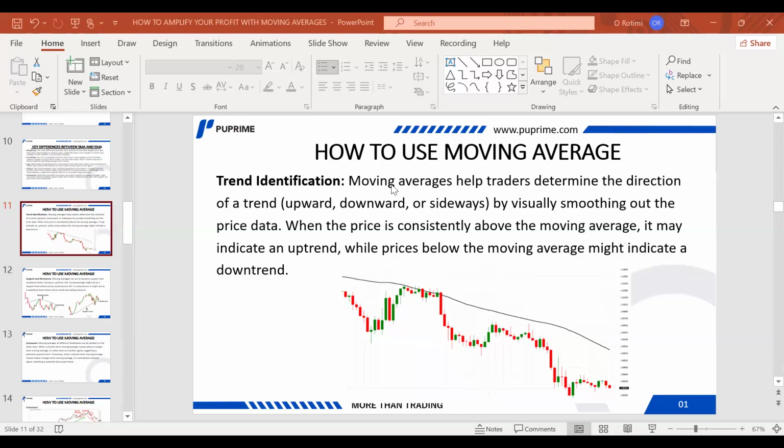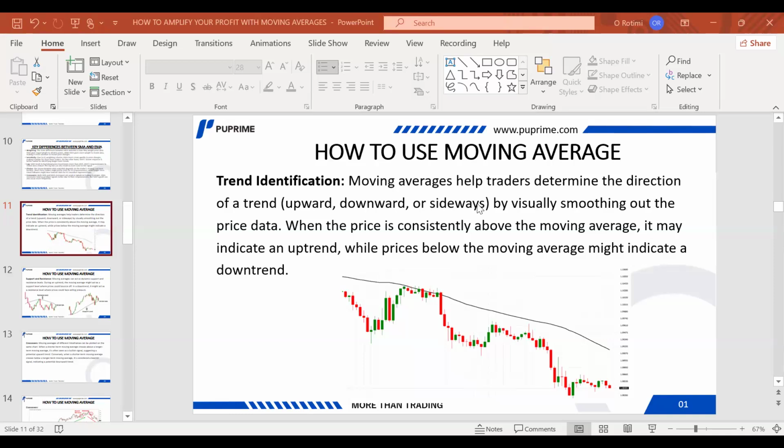Number one, we use the moving average for trend identification. You can use the moving average to determine the direction of price. Moving averages help traders determine the direction of a trend, upward trend, downward trend, or sideways by visually smoothing out the price data.